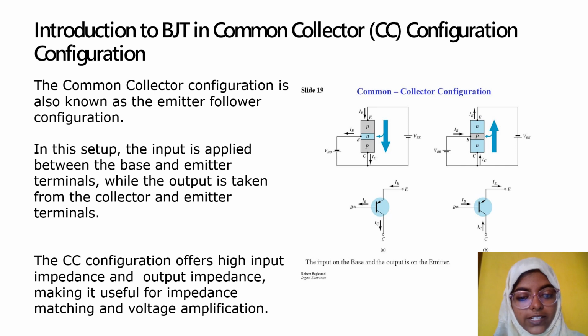We have on the right side a diagram of NPN and PNP transistor setup. In this setup, the input is applied between the base and emitter terminals, while the output is taken from the collector and emitter terminals.